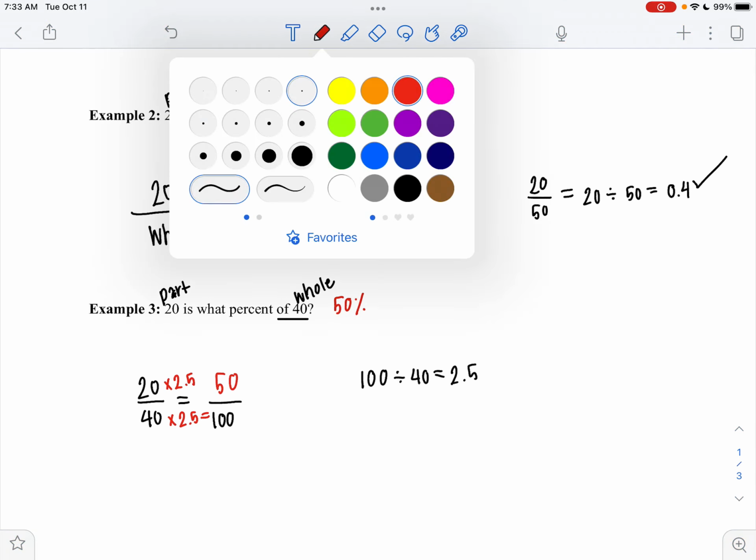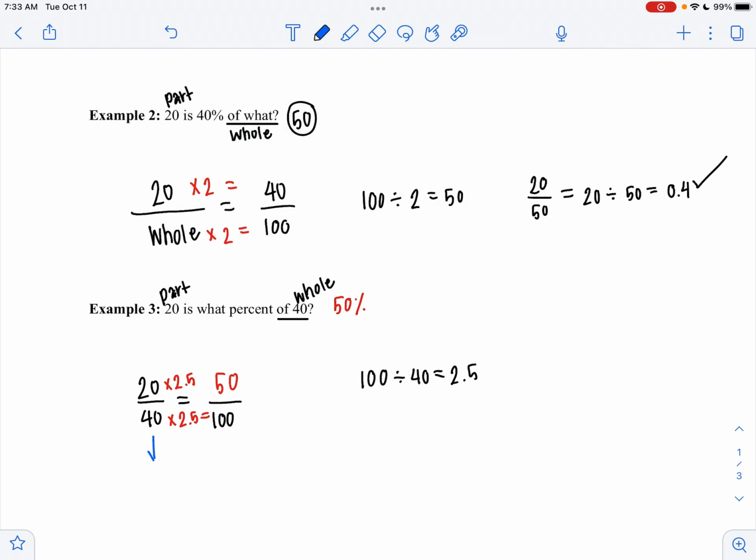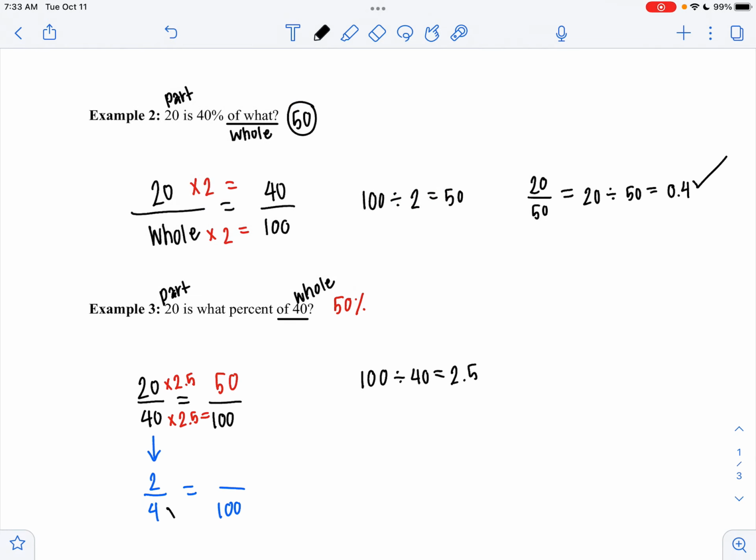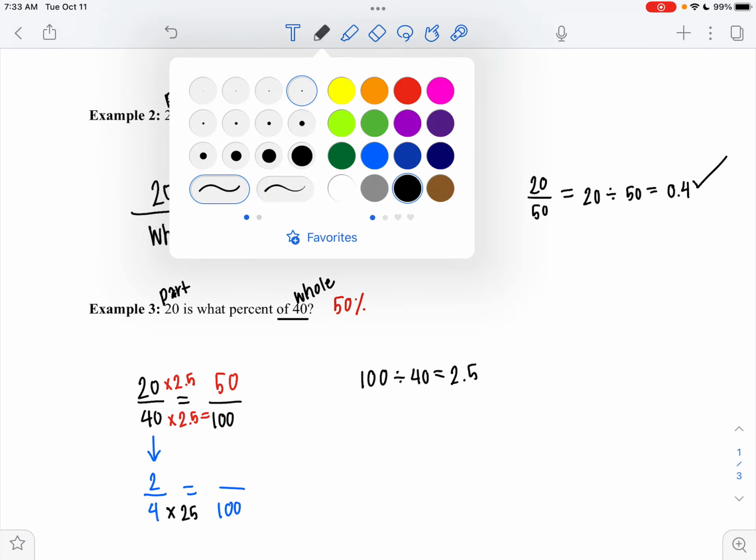Another way that you could have solved this is you could have simplified. 2 over 4 is equal to something over 100, and then you know that you're multiplying by 25. That's 2 strategies so far. 1 was finding the mystery number we're multiplying by, and 2 was simplifying our fraction.